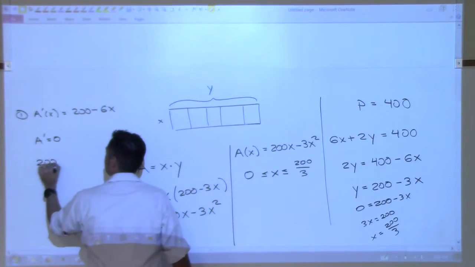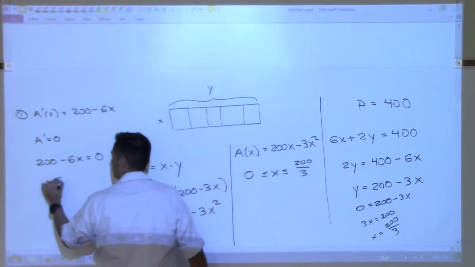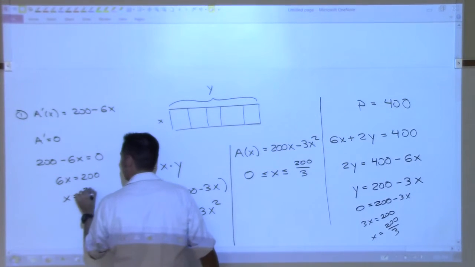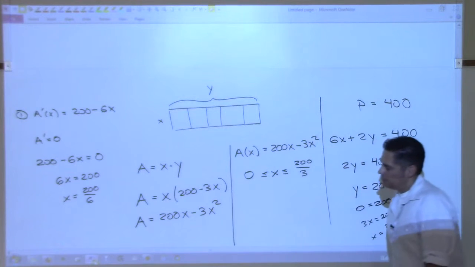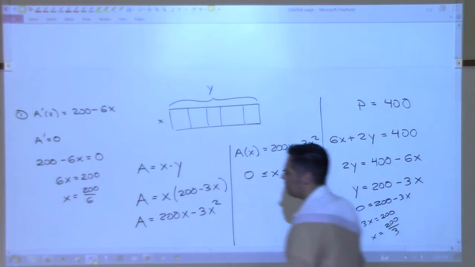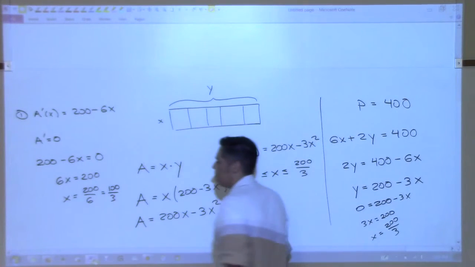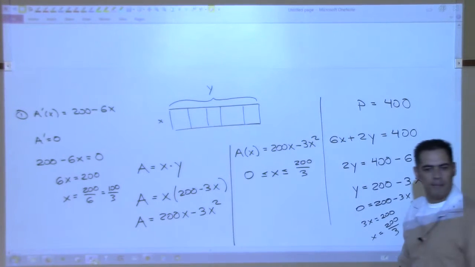That's an easy one to solve. So 6x equals 200, so x is 200 over 6. We can reduce that to 100 over 3, which is 33.33333.